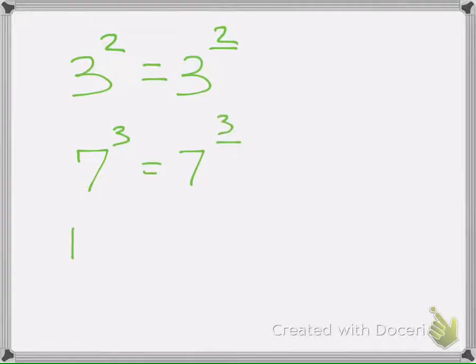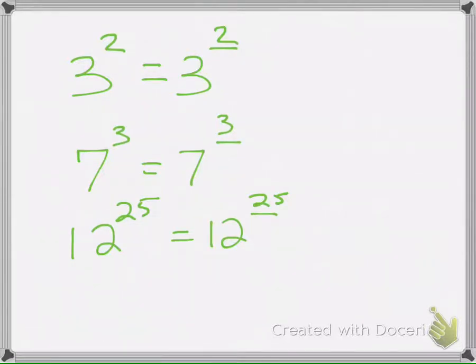If I told you that 12 to the 25th equals 12 to the blank? 25th, right? So you can agree that if the base is the same, the exponent has to be the same in order for them to be equal. Everybody on the same page with me?